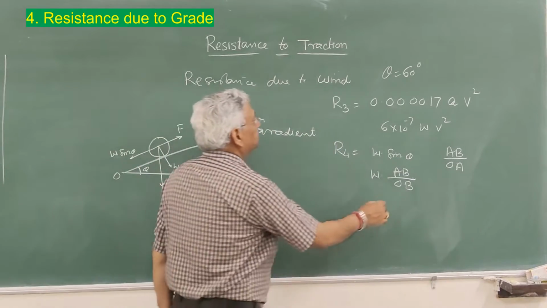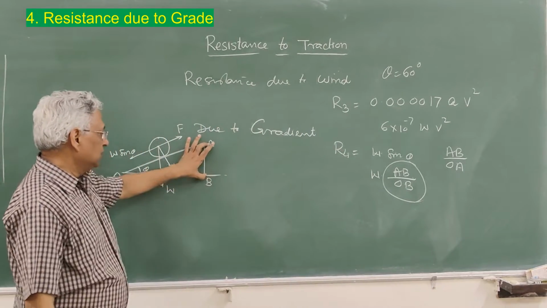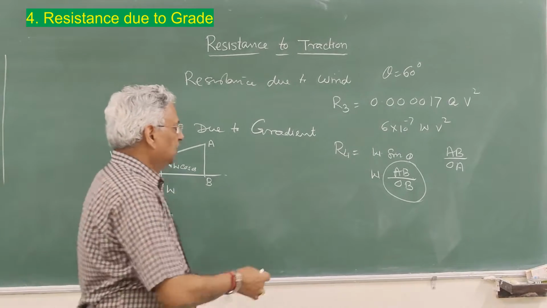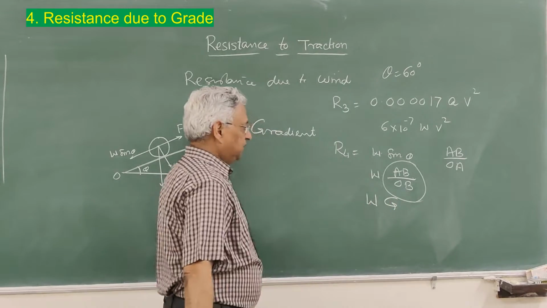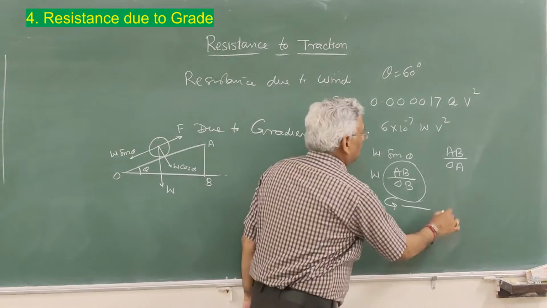That is the gradient, 1 in n. If this is 1, how much is this one? That is how we express the gradients. So it is W into G. G is either you take in fraction or in 1 in n.